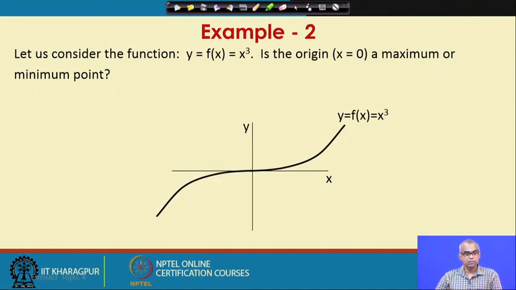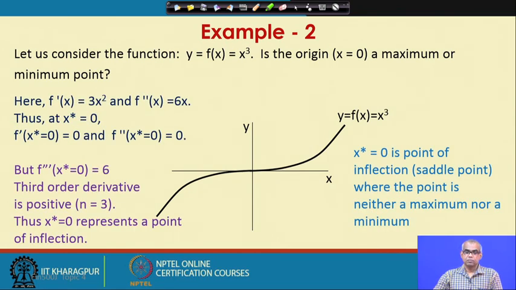Let us take another function y equal to f x equal to x cube. So, y equal to x cube, the plot is shown. Is the origin, that means x equal to 0, a maximum point or a minimum point or point of inflection? The first derivative of y equal to x cube is dy dx equal to 3x square. So, at x equal to 0 it is 0.